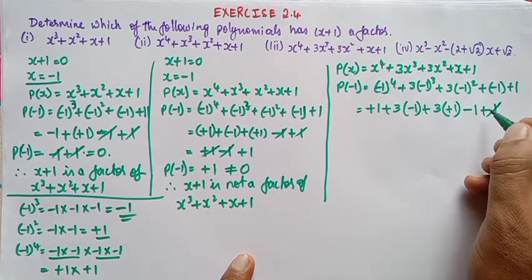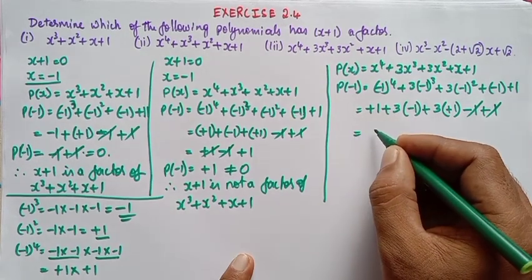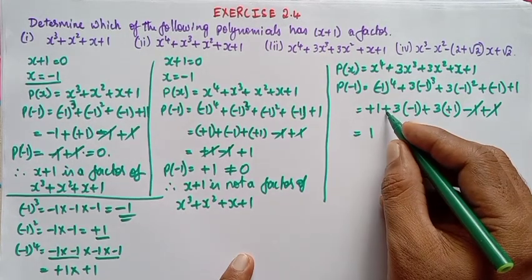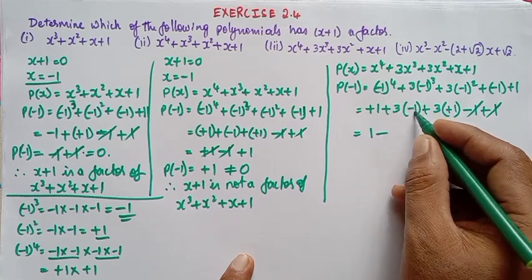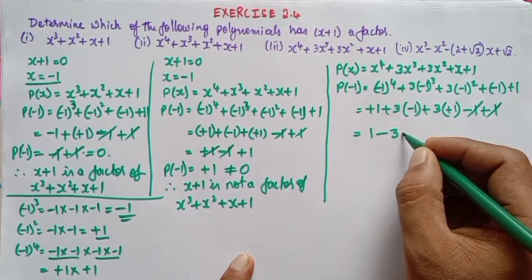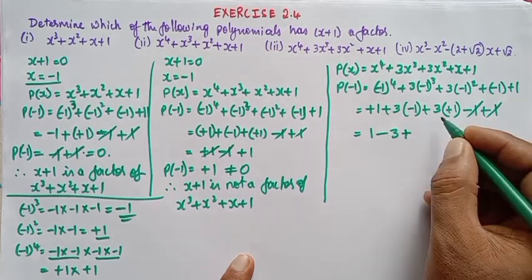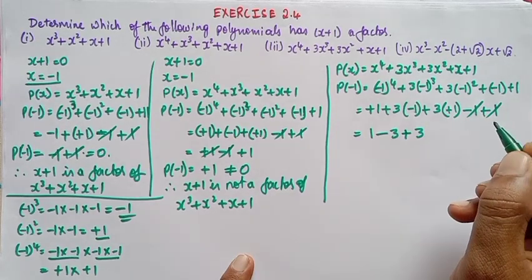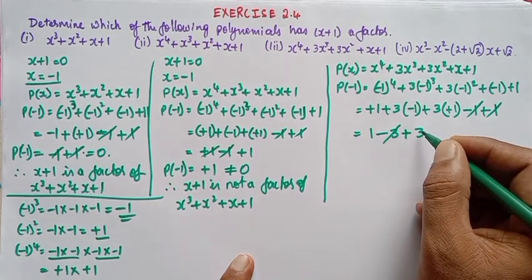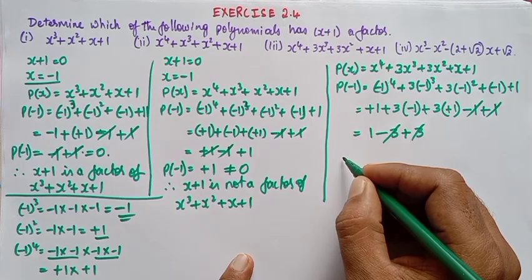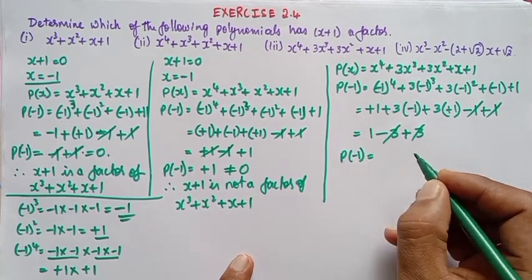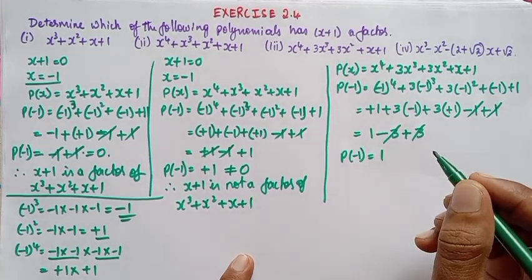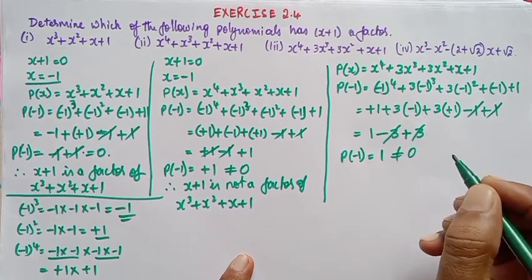Minus 1 plus 1 cancels. Here 1 plus into minus is minus, 3 ones are 3. Plus into plus is plus, 3 ones are 3. So minus 1 minus 3 plus 3 cancels. So P of minus 1 is equal to 1, which is not equal to 0.